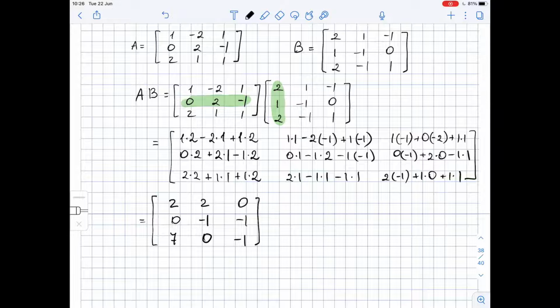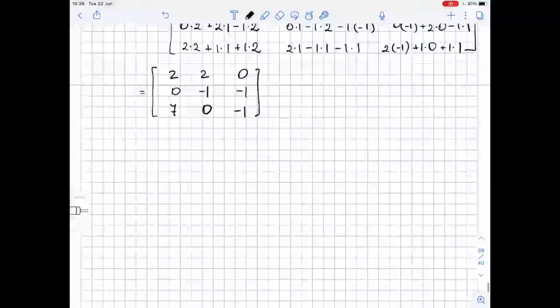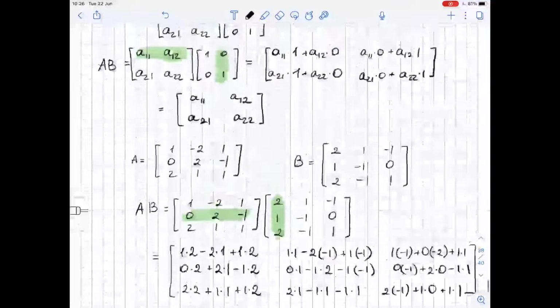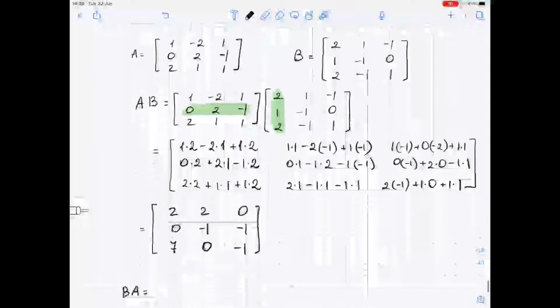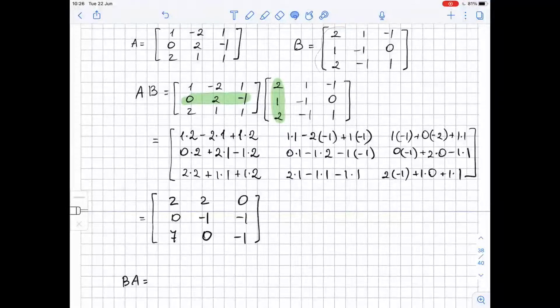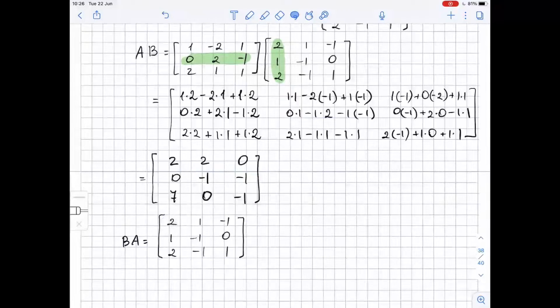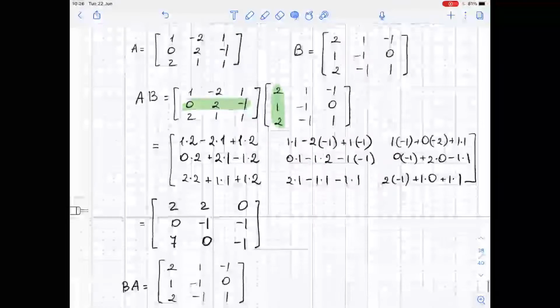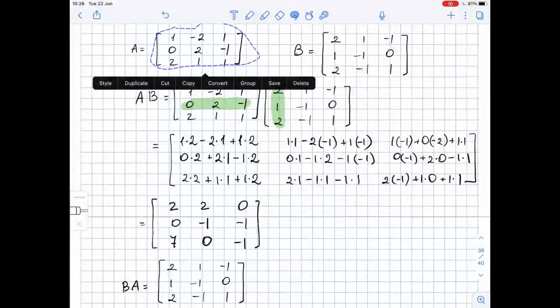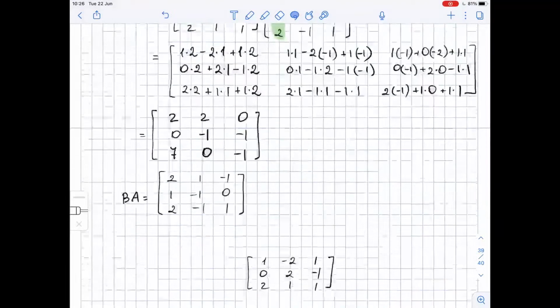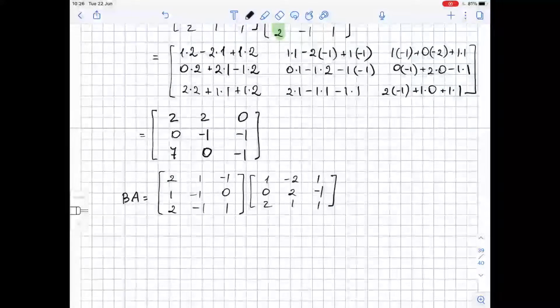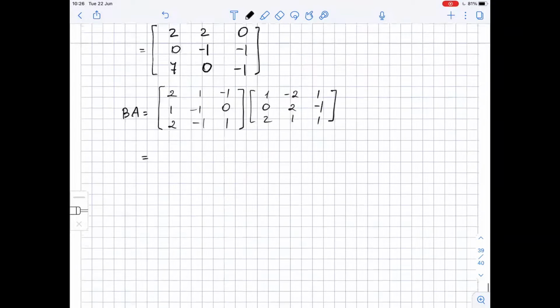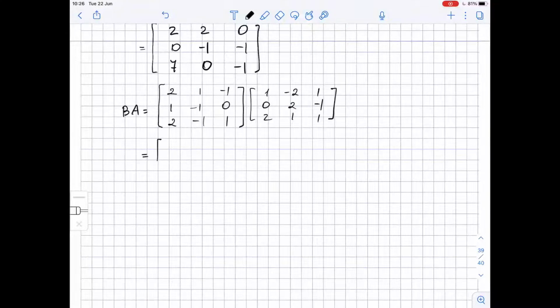Now we will use the same technique to find our product BA. So now we will multiply matrix B by matrix A. Matrix B times matrix A. So again, we just need to find the dot products.